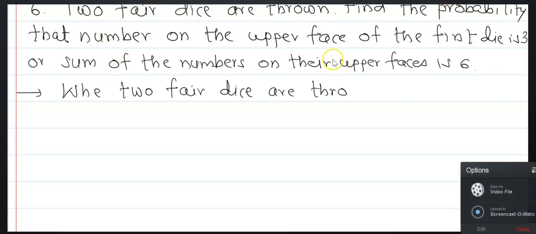Find the probability that the number on the upper face of the first die is a 3 or the sum of the numbers on their upper faces is 6. Now, this is the problem. Before that, again I will repeat the problem. Two fair dice are thrown. Find the probability that the number on the upper face of the first die is 3 or the sum of the numbers on their upper faces is 6.